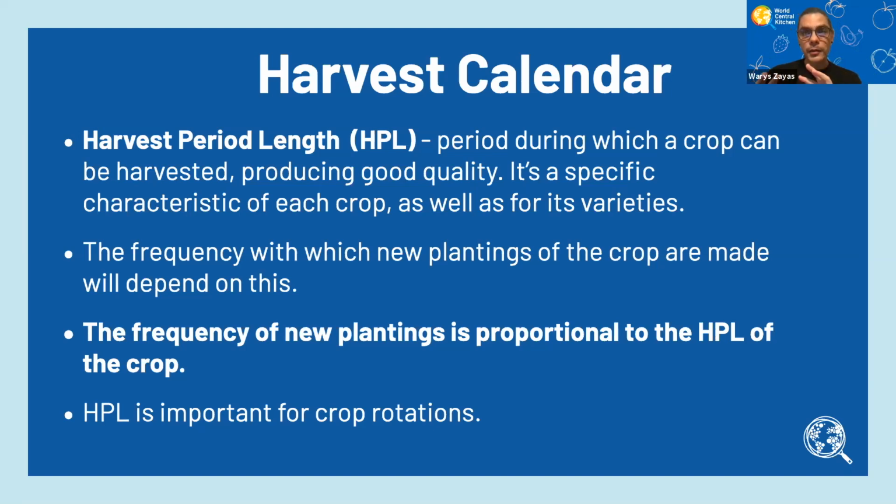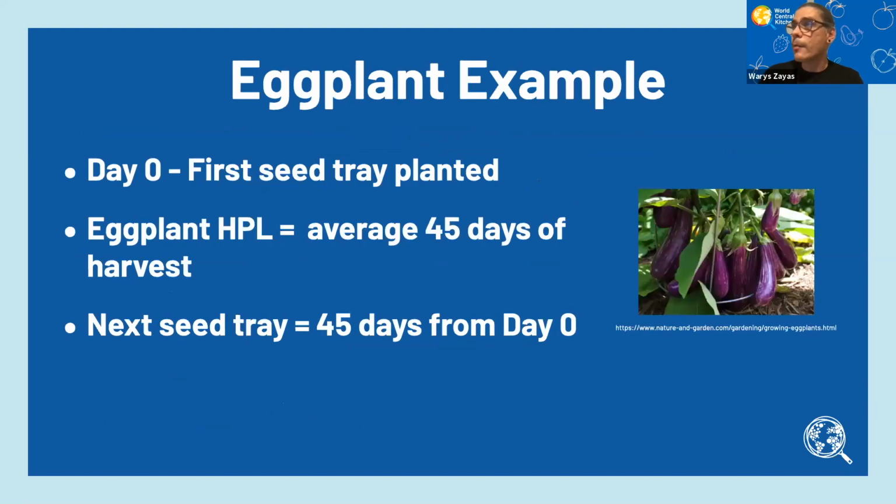I'm explaining this because the frequency with which new plantings are made depends on the HPL. The frequency of new planting is proportional to the HPL of the crop. Simple. If your HPL is 6 weeks, you need to plant, seed, or produce new seedlings every 6 weeks to maintain a constant production of yields. In the next slide, I will explain it more easily. Okay, let's keep with the example of eggplants.